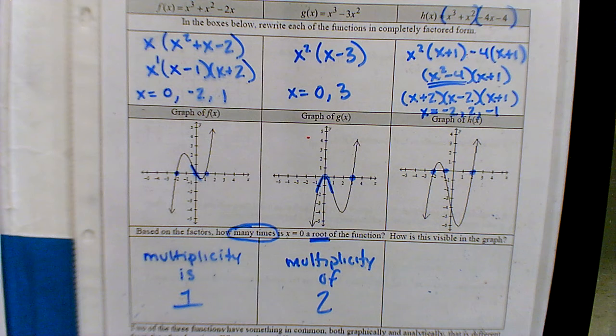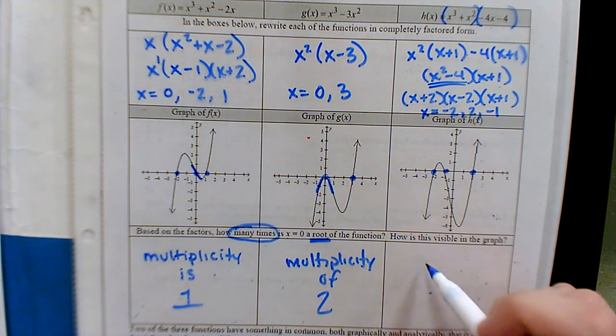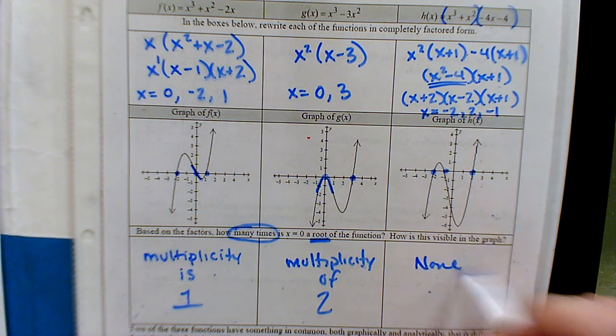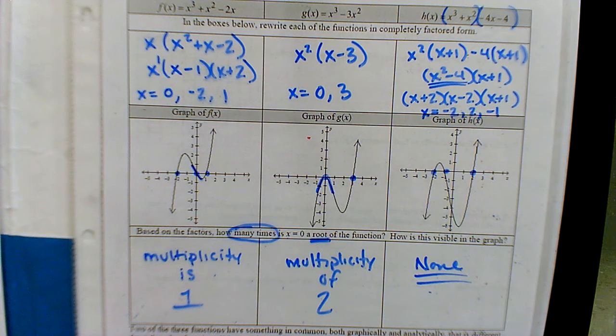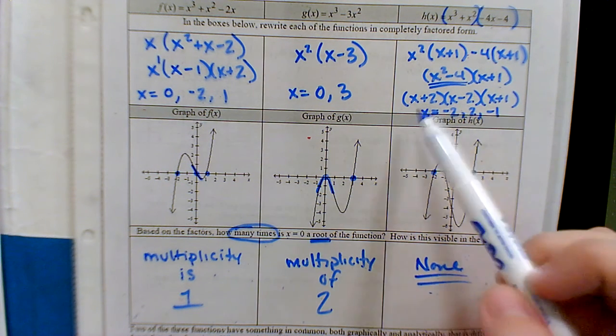How many times was 0 a factor? How many times was it an x-intercept? Yeah? 2. How'd you know? There's no group.